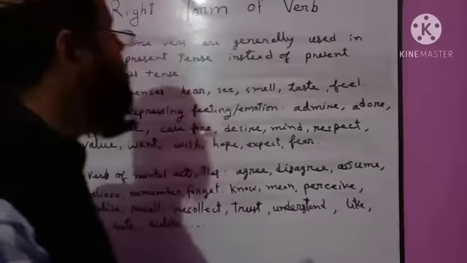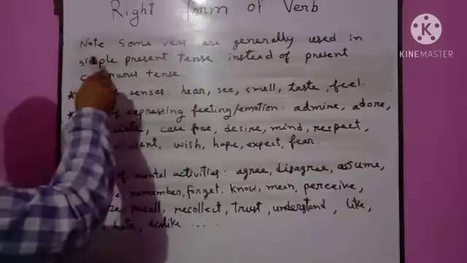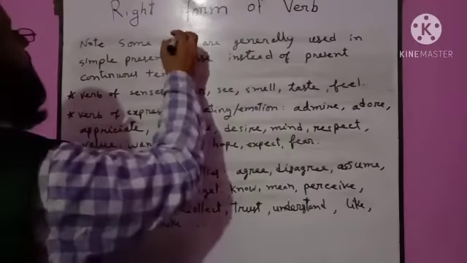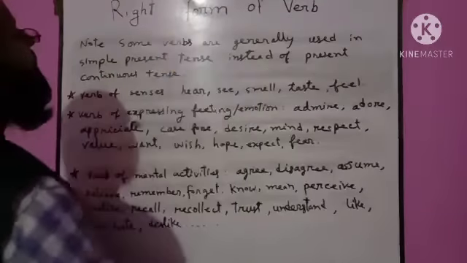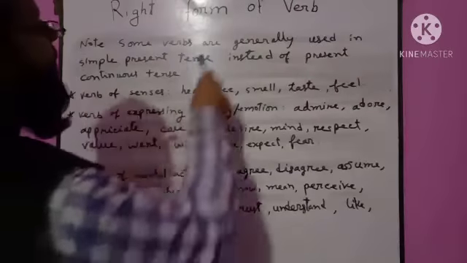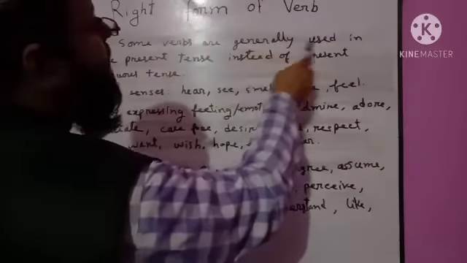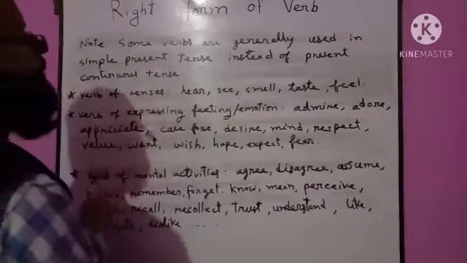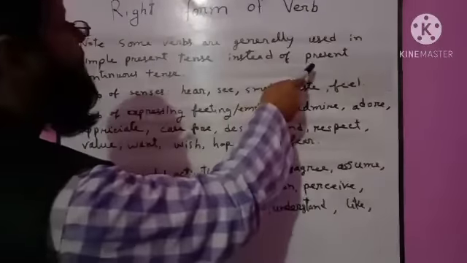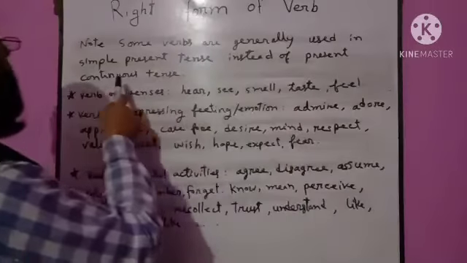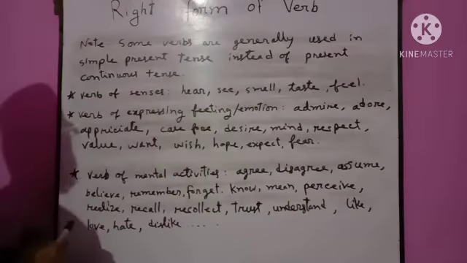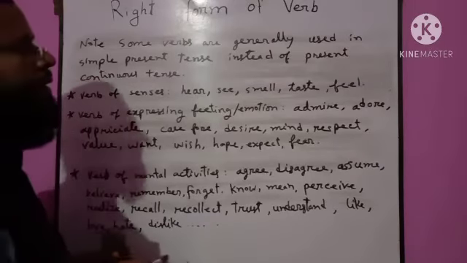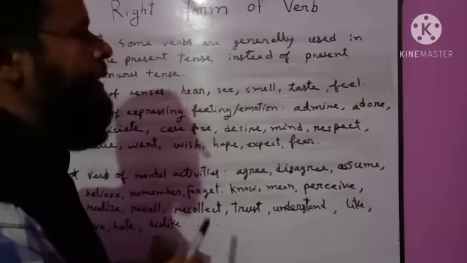Look at the board. Note, some verbs are generally used in simple present tense instead of present continuous tense. The following verbs are not used generally in the present continuous tense.